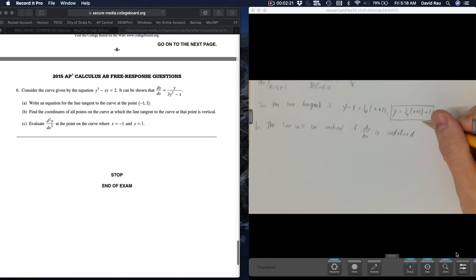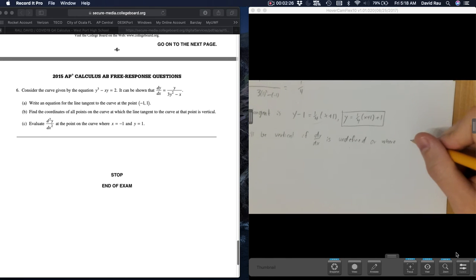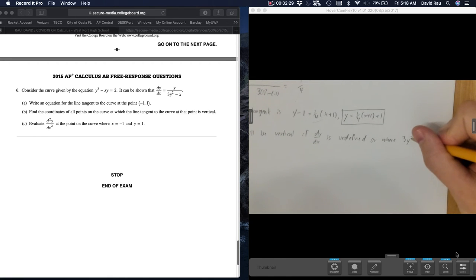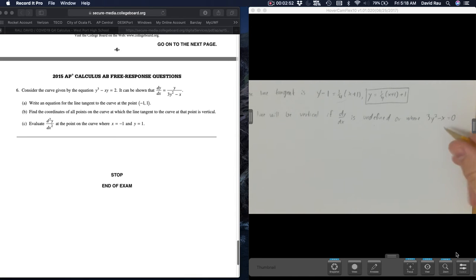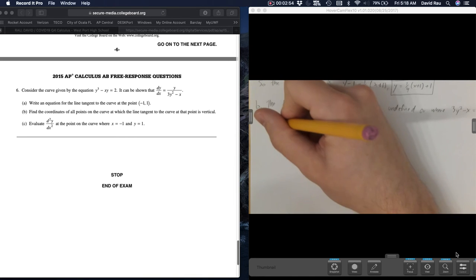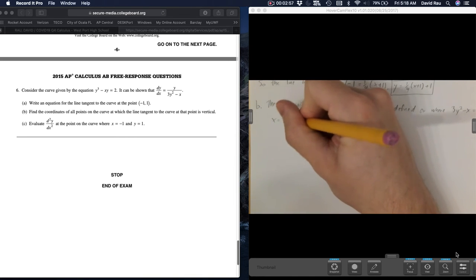Now, where's your slope going to be undefined, or where the denominator equals 0? Just thinking about what to do with this. Oh, okay. All right, so what does this mean? It means x equals 3y squared.